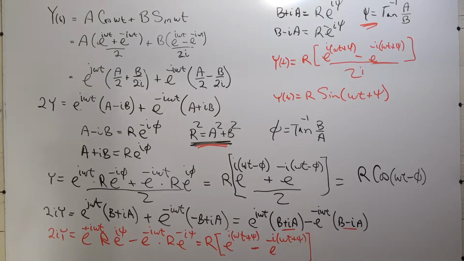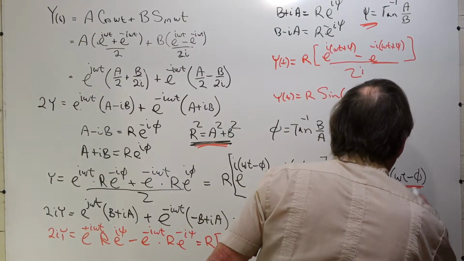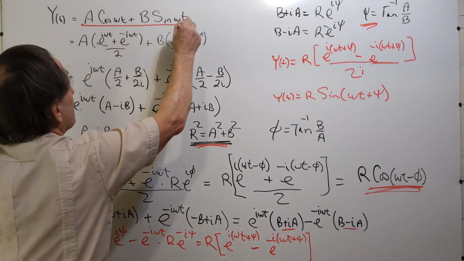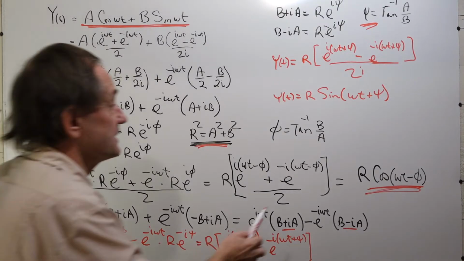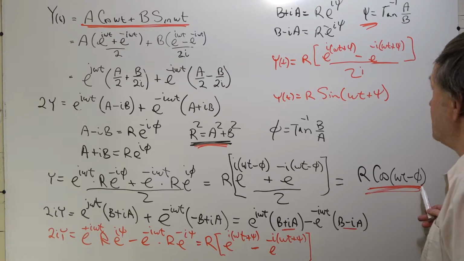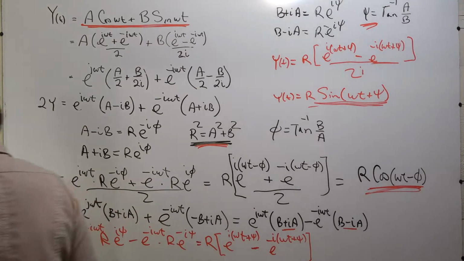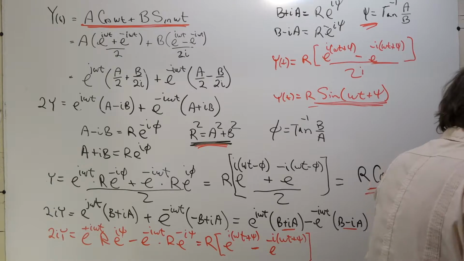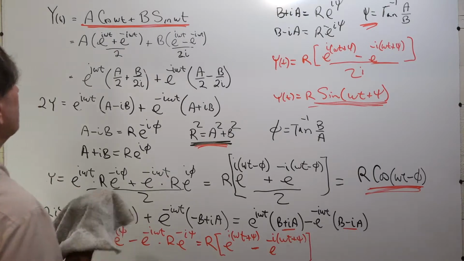So we have two forms now for the sum of two trig functions. A cosine omega t plus B sine omega t is equal to R cosine omega t minus phi, or R sine omega t plus psi. So I'll go ahead and write this in a summation form here.